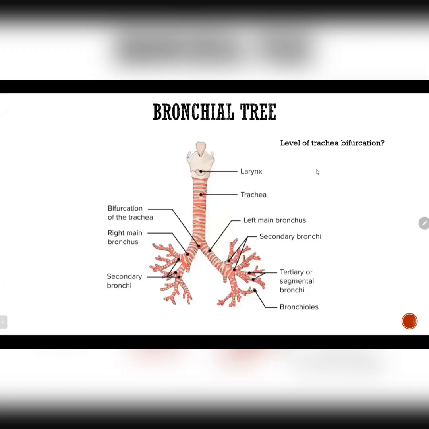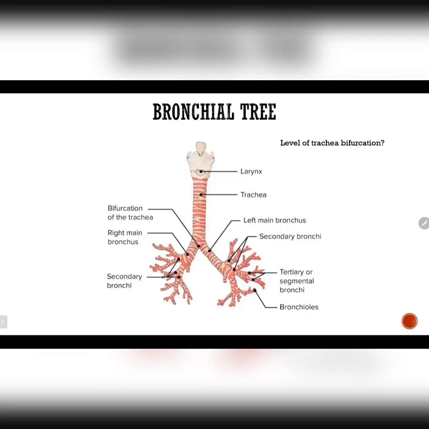You may have learned this in osteology class. Yes, T4, or in relation to the sternum, what level is it? Yes, the sternal angle. Very good. It's at the level of sternal angle. Another name for sternal angle is angle of Louis.